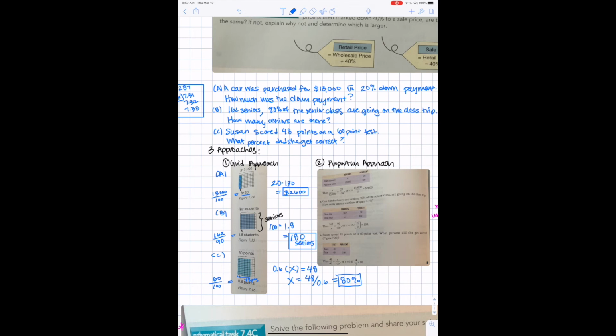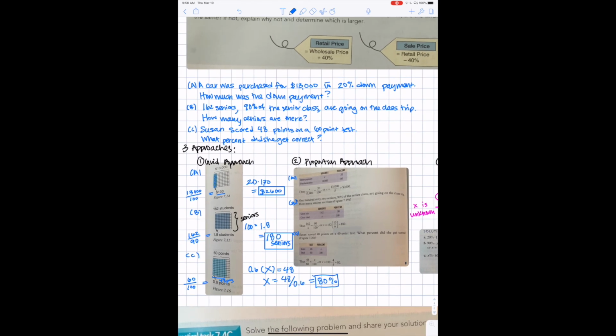So the proportion approach, which is our next approach, does a similar thing. Again, your book goes through this in more detail, but here is a snippet of the answer to these 3 questions with regard to the proportion approach. I think it's also a good demonstration of how what we're looking for changes with regard to the percent.